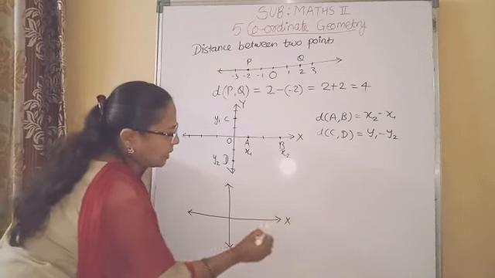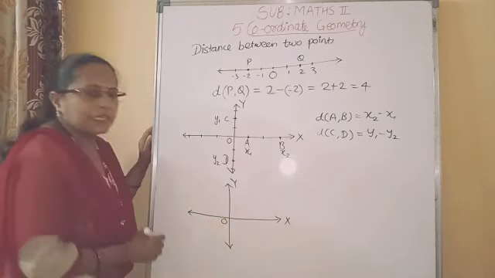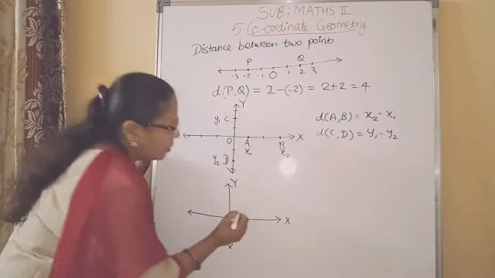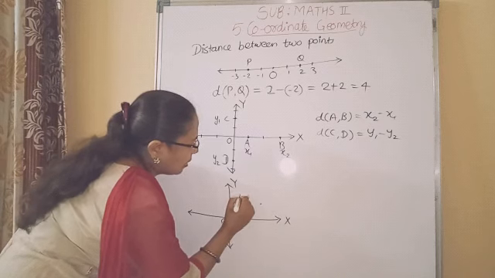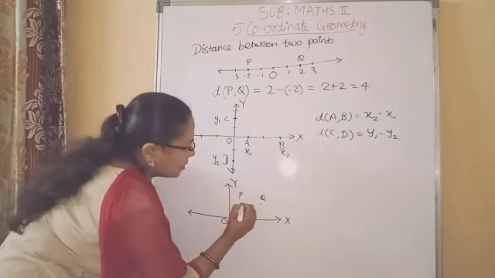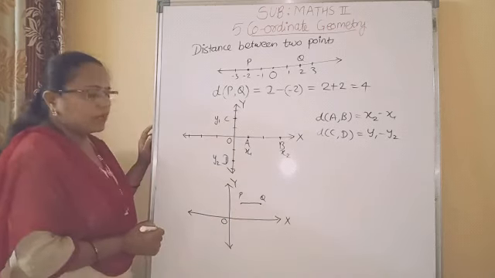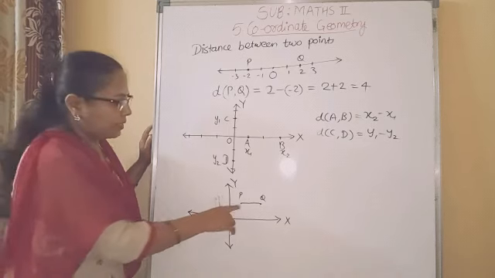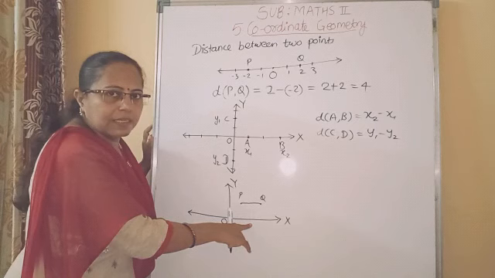See, the horizontal line is the x-axis, the vertical line is the y-axis, and the intersection is 0. Now here we have 2 points, P and Q. If we draw the segment joining these 2 points, this segment PQ is parallel to the x-axis.